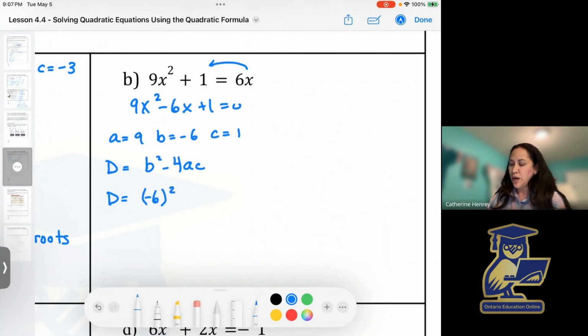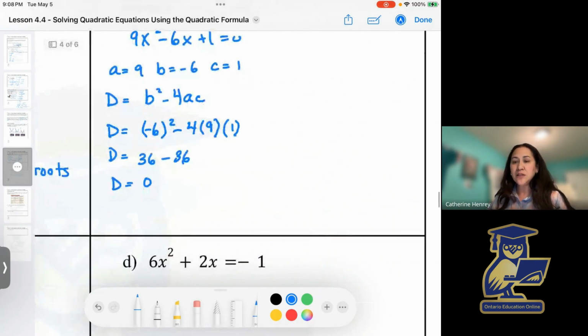Make sure you have your brackets, minus 4 times a, which is 9, times c, which is 1. Let's go ahead and simplify. -6 squared is 36, minus 4 times 9 is 32. No, 36. Sorry. And the discriminant here is equal to 0.